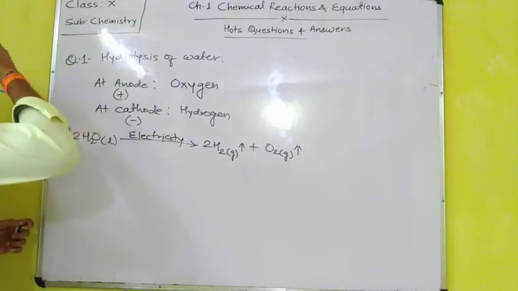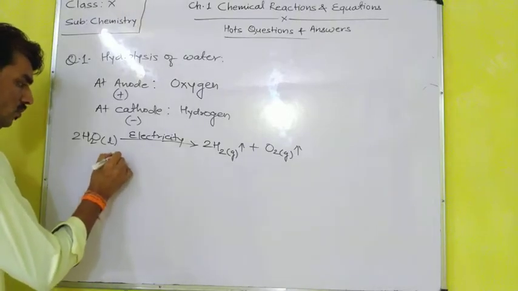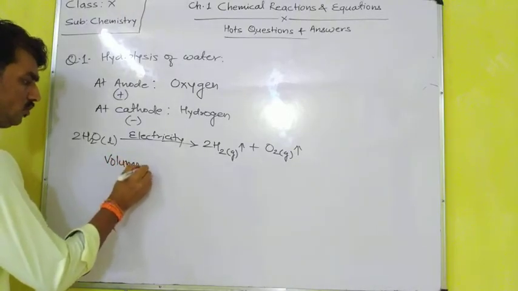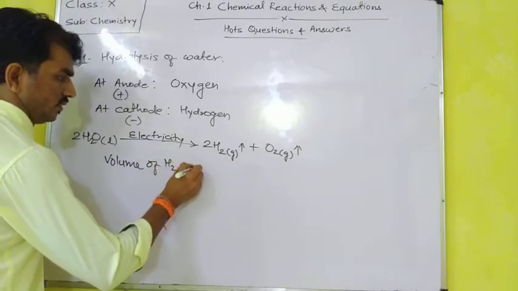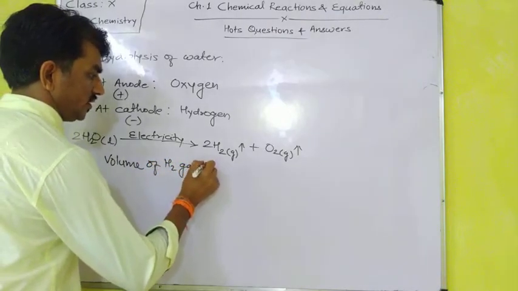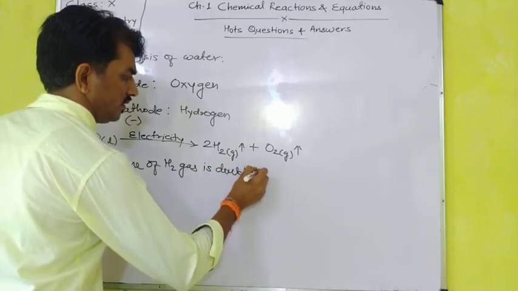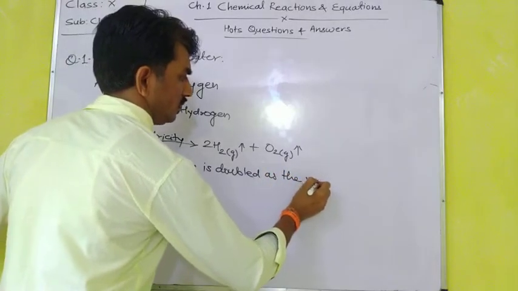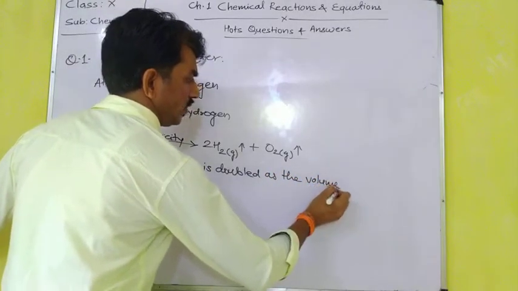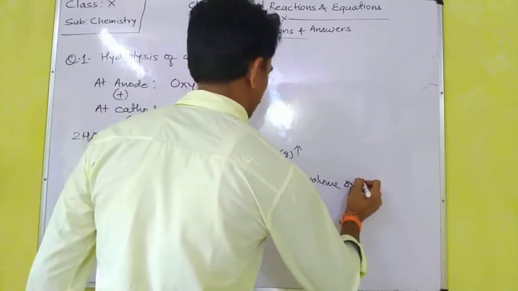So the volume of H2 gas is double the volume of oxygen gas, O2.